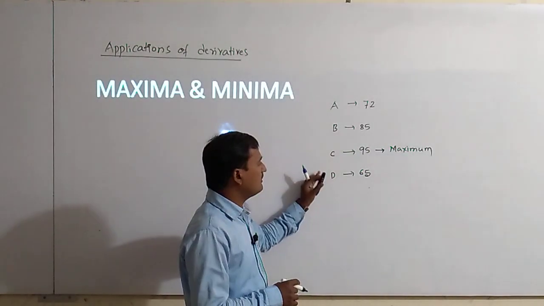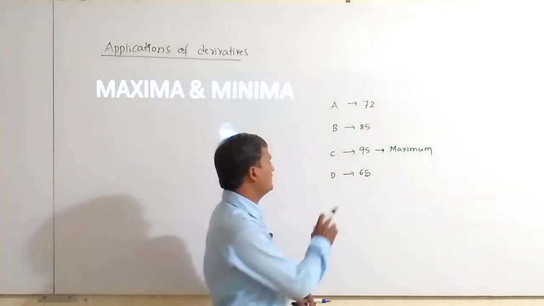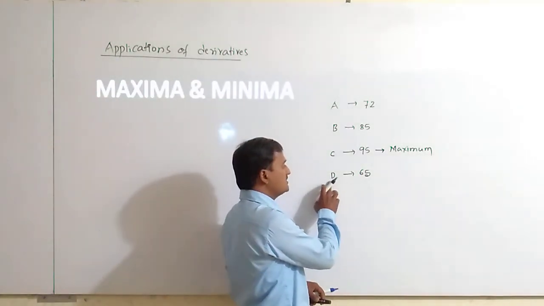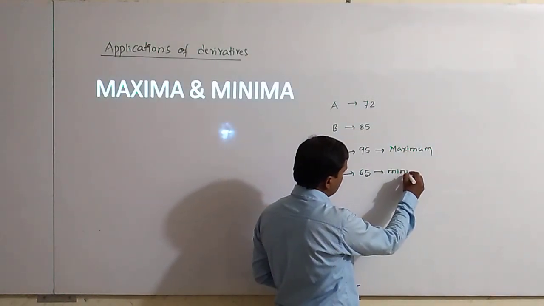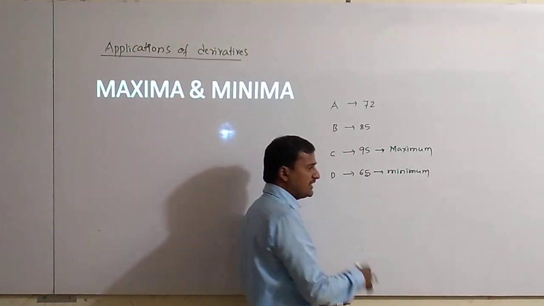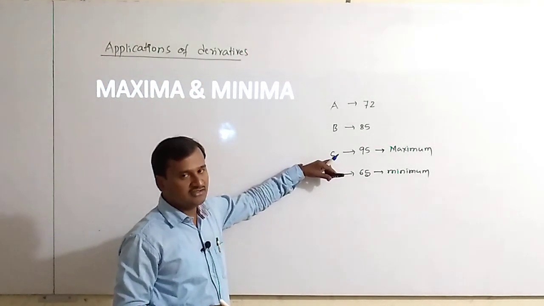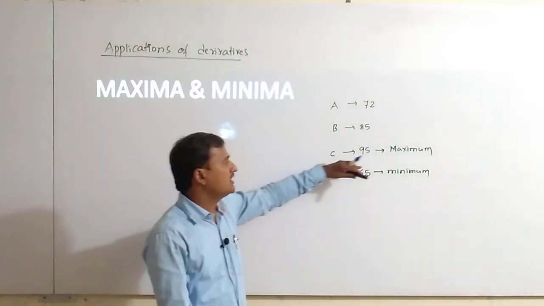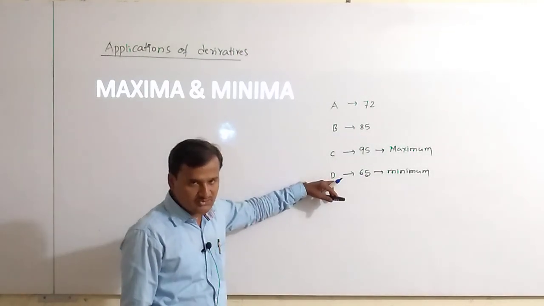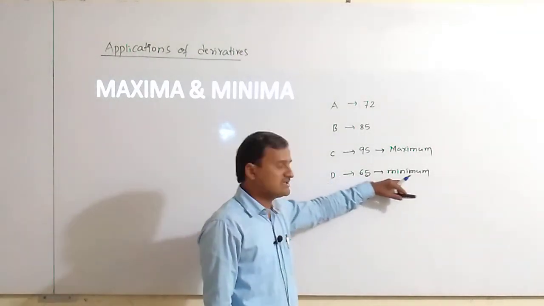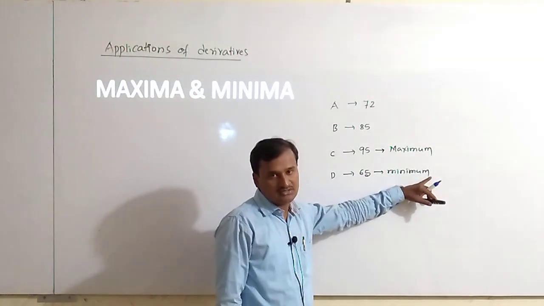For comparing all the students, who is having the less marks? So clearly D is a student having the less marks, hence it is called the minimum marks, right? By comparing all the four students, C is having the maximum marks, that is 95, and D is having the less marks, that is 65, that is called minimum marks, right?